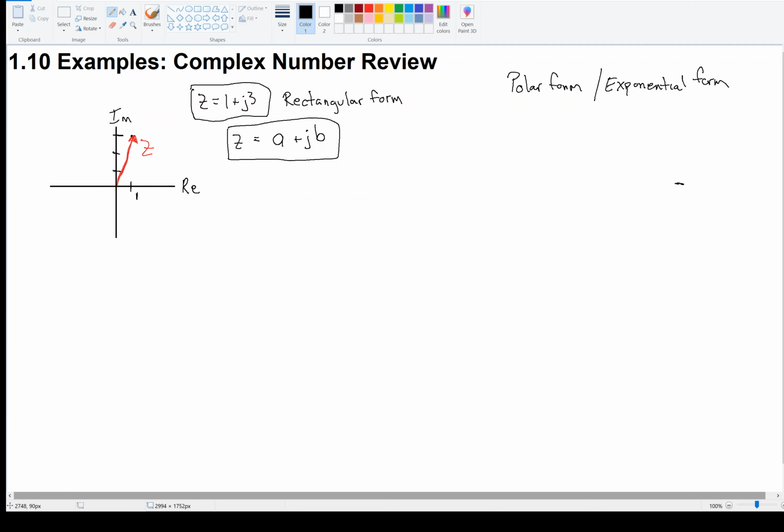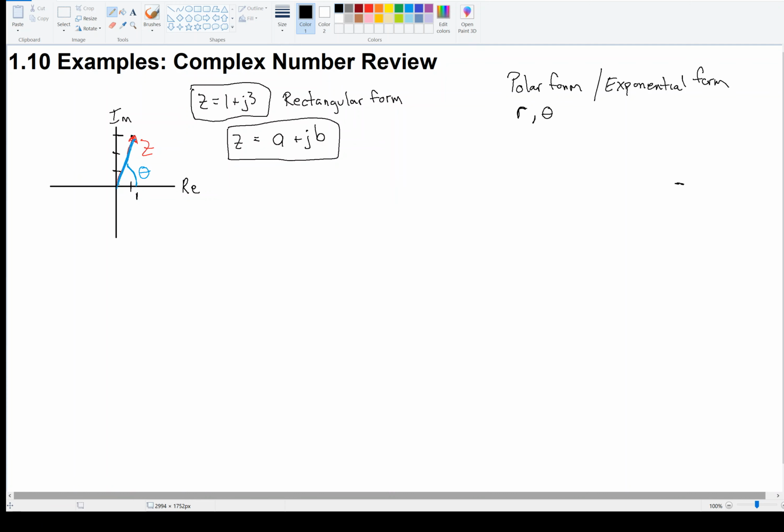So instead of telling you how far over and how far up and down the vector is, we can tell you the length of the vector and the angle it makes with the real axis. So we can tell you the length of the vector, r, and the angle, theta, that it makes with the real axis. In our vector z, the length is the length of the blue here, and the angle it makes is this angle theta.